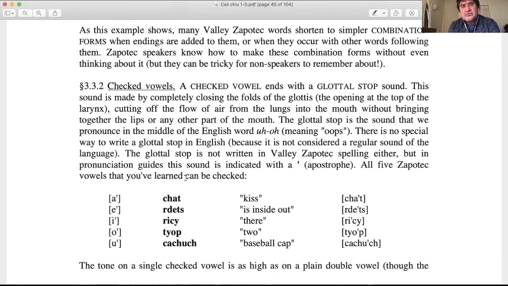So that is what we call check vowels. In English, we use it in many words, but we don't write the glottal stop. And the same thing for Zapotec, as we said in our simple spelling, we don't write it, but in the guide brackets, we do indicate that with an apostrophe.